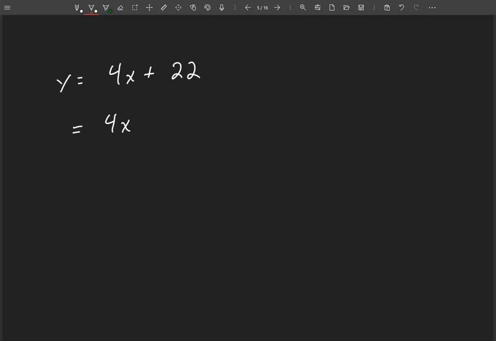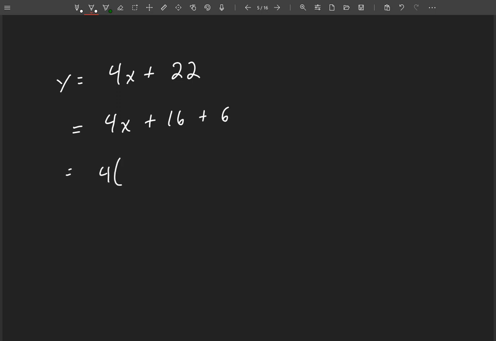So I'm going to choose some numbers to break this apart with. I could choose 20 and 2, because 20 is divisible by 4. I could also choose 16. I could choose 12. Let's use 16. You don't have to use the largest number that will go into it. You can choose whatever number you want as long as it's divisible by 4. So that's 16 plus 6, right? 16 plus 6 is 22.